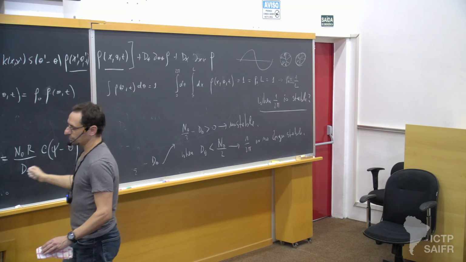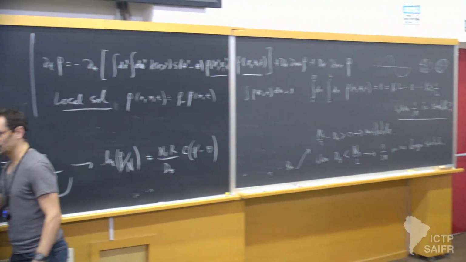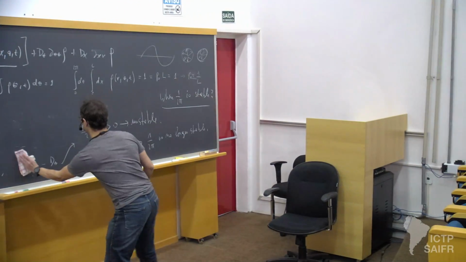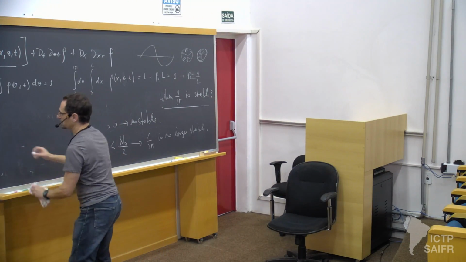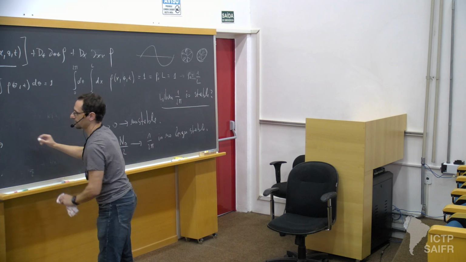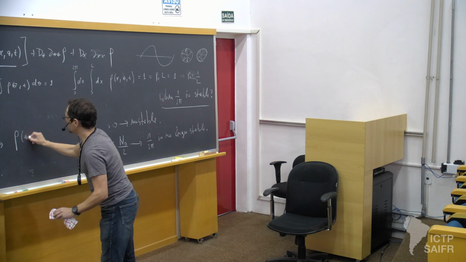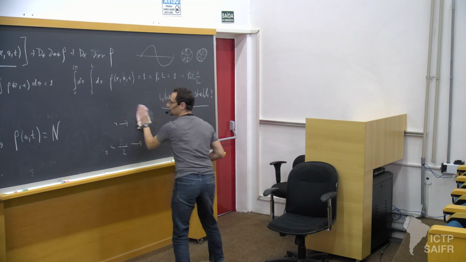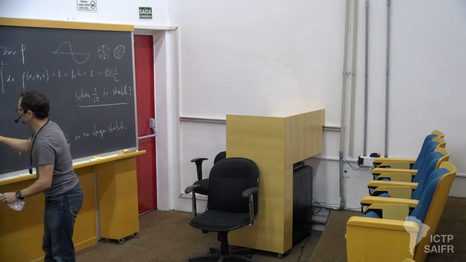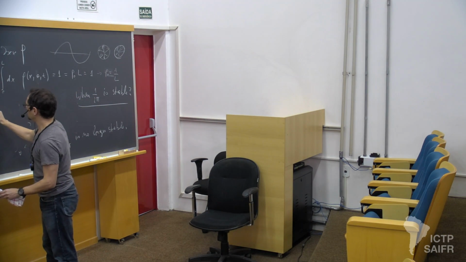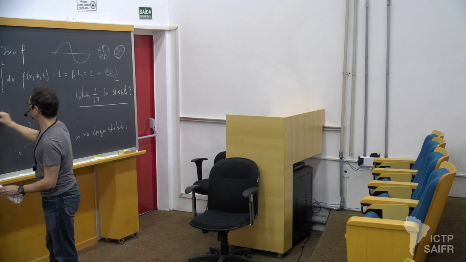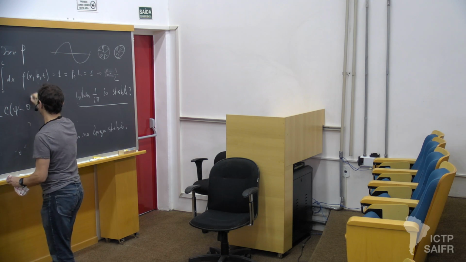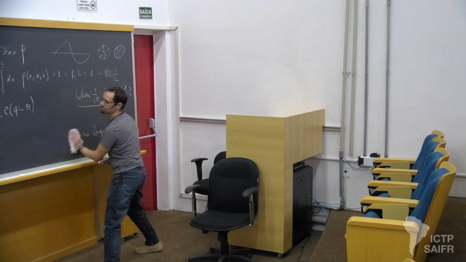Yes, I got the cos. There is a minus that comes out, but there is another minus that comes. So that means that rho of theta and t is N, which is a normalization constant, times the exponential of n naught r d theta cos psi theta.